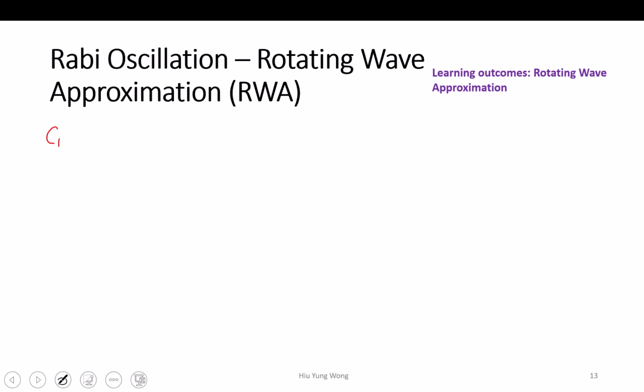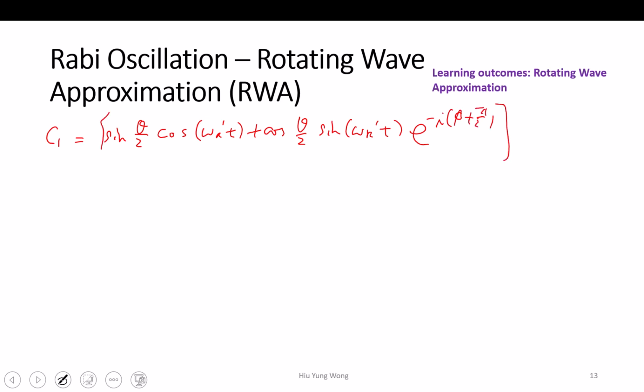You will find that C1 is just equal to sine theta divided by 2 cosine omega r dash t plus cosine theta divided by 2 sine omega r dash t, times e to the power negative i phi plus pi over 2. The whole thing times e to the power i phi over 2.